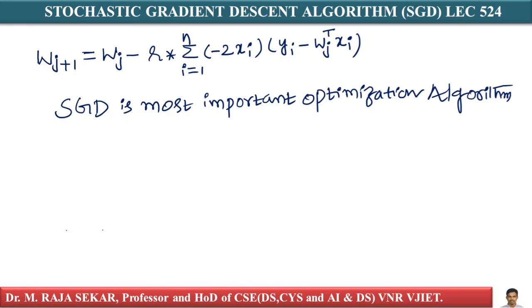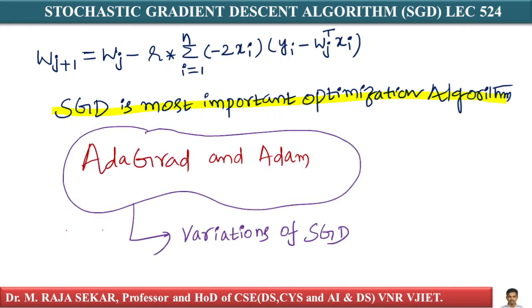In deep learning, people have modified SGD further and come up with many variations like Adam and Adagrad. These are all variations of SGD, which has become the most important algorithm in machine learning today. SGD is as important as linear algebra to machine learning today. Earlier it was not so important, but today it is literally the most fundamental thing. Having said that, let's see what SGD is.